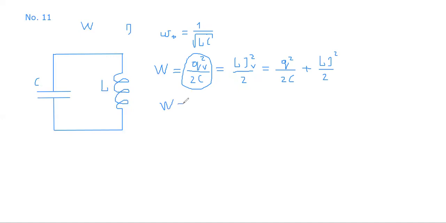So we have some initial energy of oscillations, which is the maximal value of the charge on the capacitor squared, divided by its capacitance multiplied by 2.